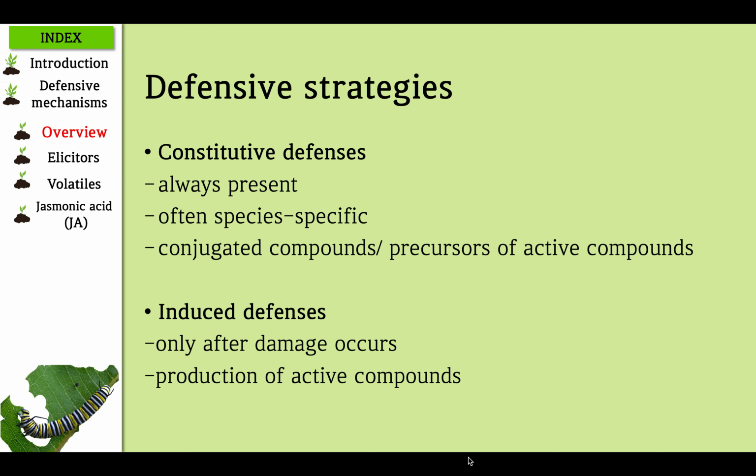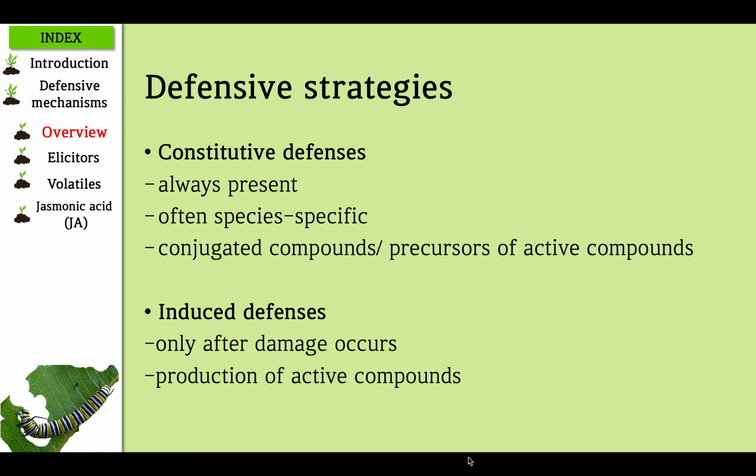Defensive strategies of plants can be categorized into two: constitutive defenses and induced defenses. Constitutive defenses are literally always present, so products like defensive compounds are often preserved in plants in the form of conjugated compounds. Or the products can be precursors of active compounds, and their pathways can often be species specific.